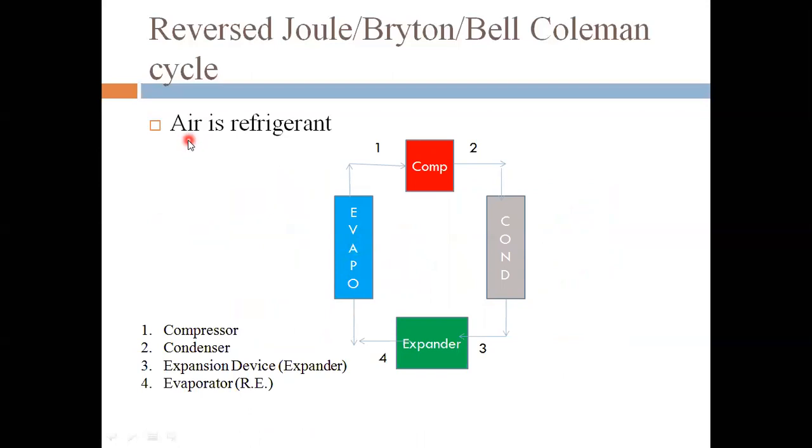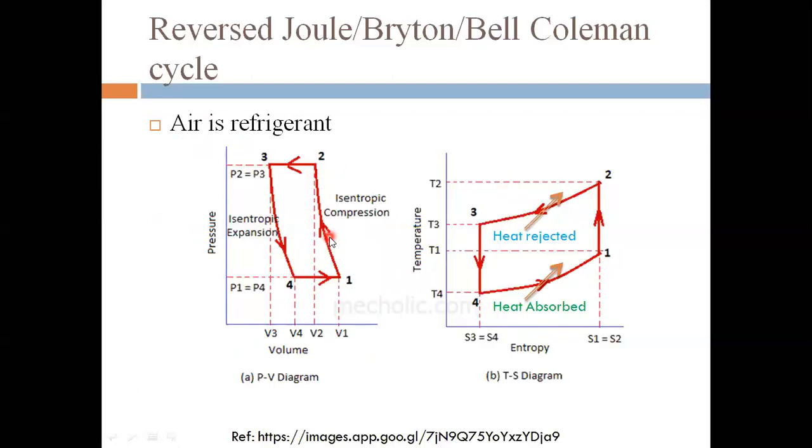Here air is the refrigerant. So in this case, the evaporation process is a constant pressure process, and heat is continuously absorbed. So its temperature is slightly increased by evaporating. That means heat is absorbed. So here 4 to 1 is the process of evaporation.